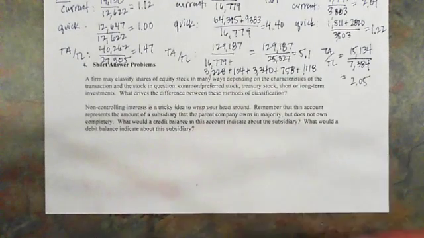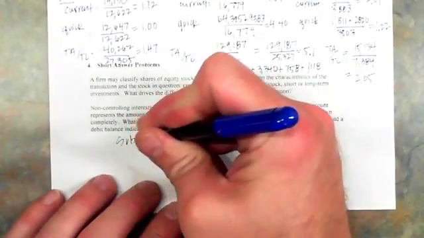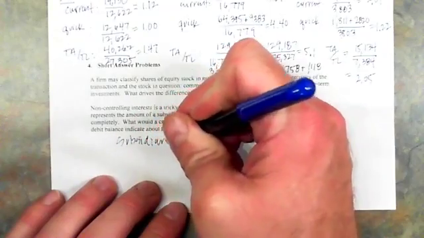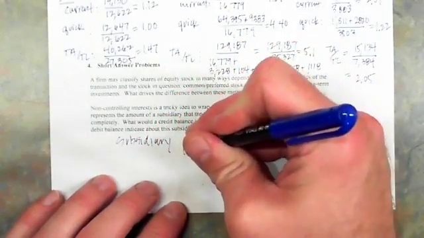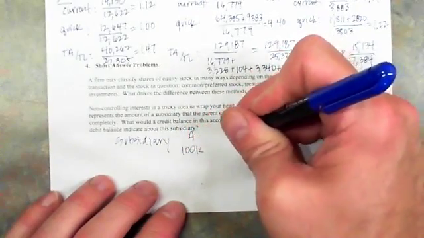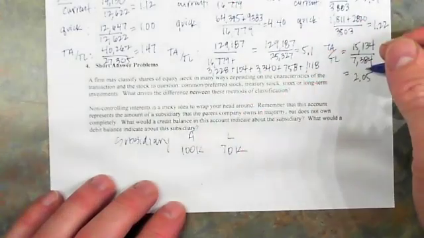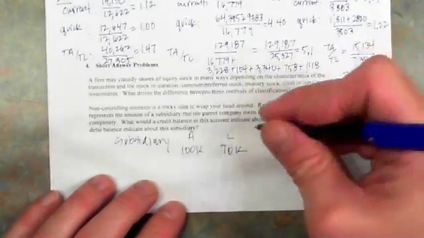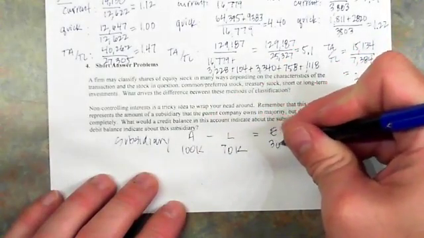So, say that the subsidiary has assets of 100,000 and liabilities of 70,000, which means that their net assets, right, their equity, is 30,000.